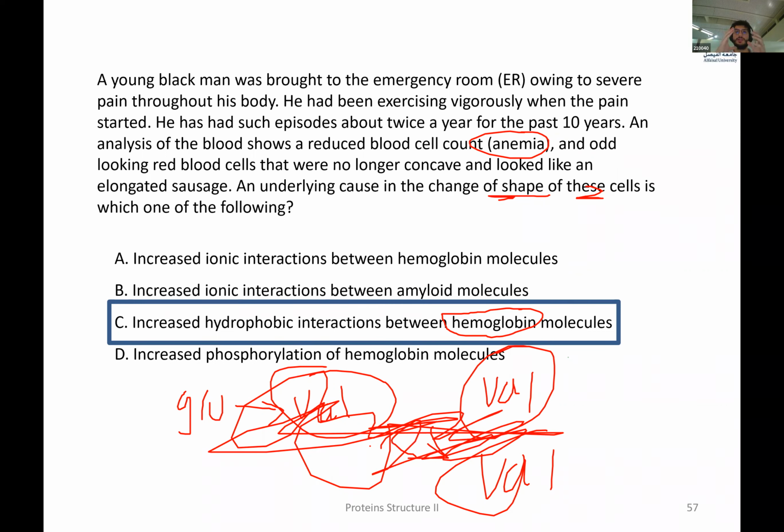This causes the interaction between these hemoglobin molecules. I think that's right. If I'm wrong, someone correct me. Is this clear? I can explain it if it's unclear to anyone.